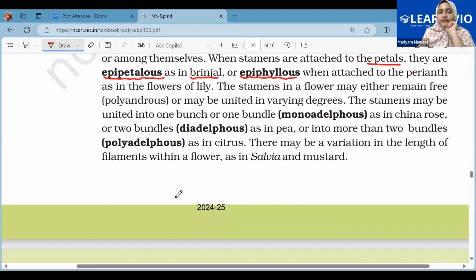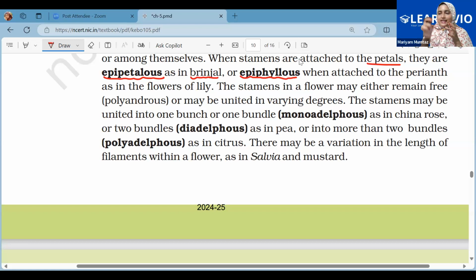All right, now moving forward, the stamens in a flower may either remain free. You remember polypetalous, gamopetalous? Poly was for free and gamo was for united or fused. The same happens for the stamens also. Whenever many stamens are present, just like in the picture of the flower, all of the stamens may be separately present.